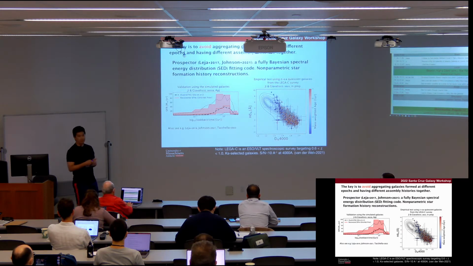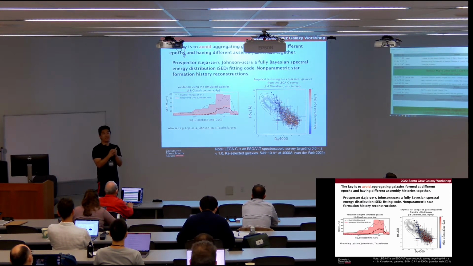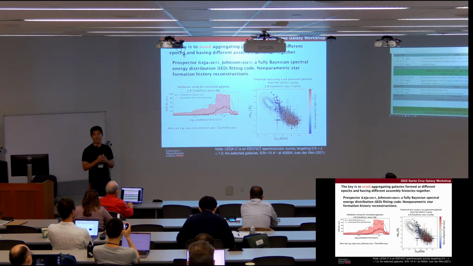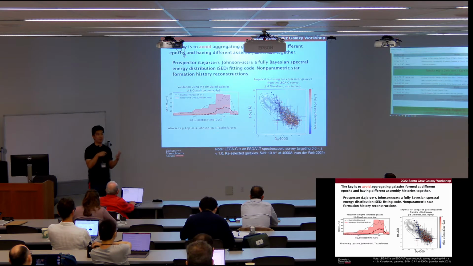You see the great agreement between the two. The other test we have done is purely empirical. We look at quiescent galaxies from the Legacy survey, where each galaxy has deep VLT spectroscopy available. Here I'm plotting the stellar-age-sensitive spectral features, H delta A versus the D4000 break, and each galaxy is color-coded according to the Prospector-derived mass-weighted age.